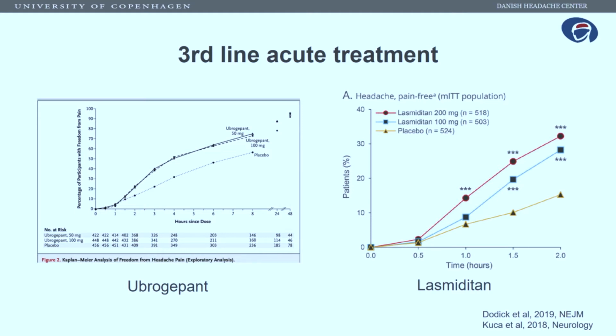And what you see from these trials is, it's a bit difficult to discern it, but you can see the pen up there, right? So this is the 2-hour response. And you see there is a difference already at 2 hours with the gepant compared to placebo. And the 2-hour response for lasmiditan is out here with a superior response compared to placebo. So they work.